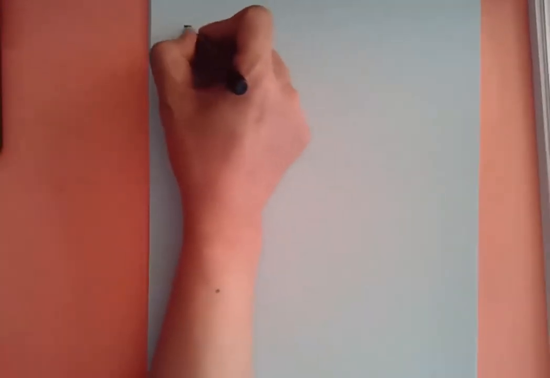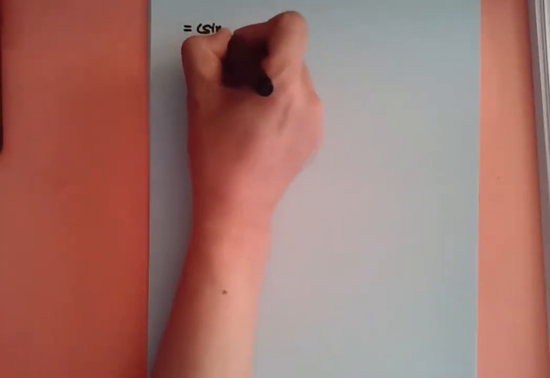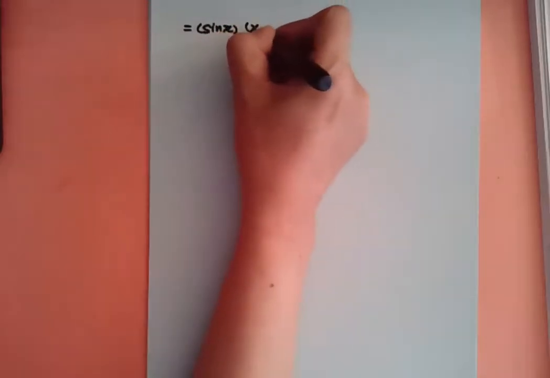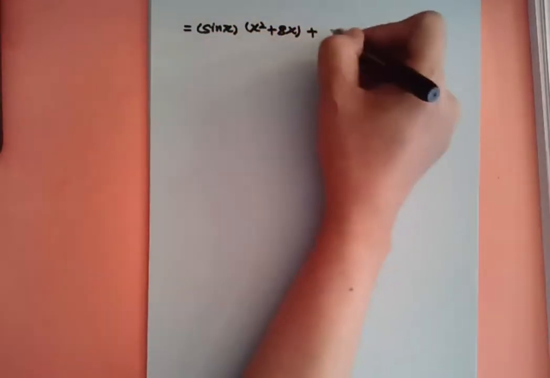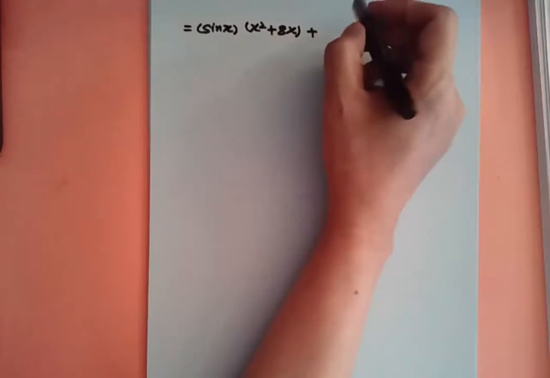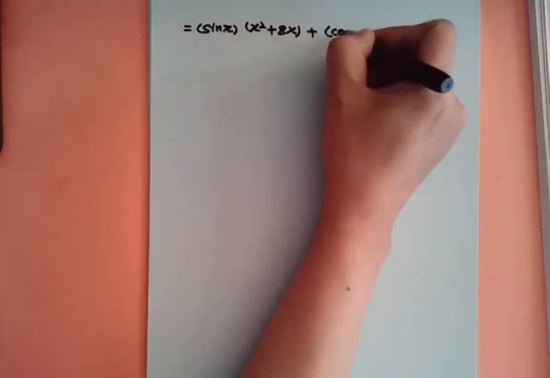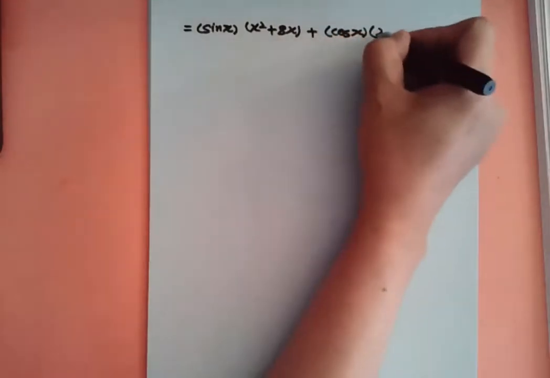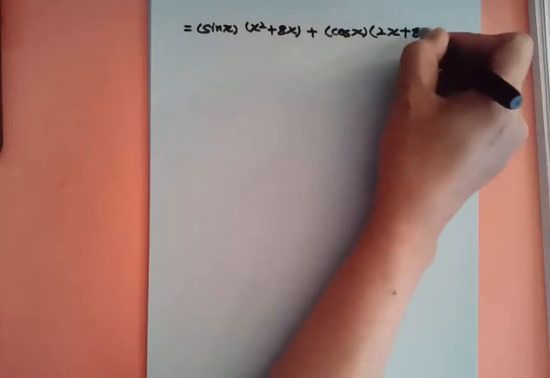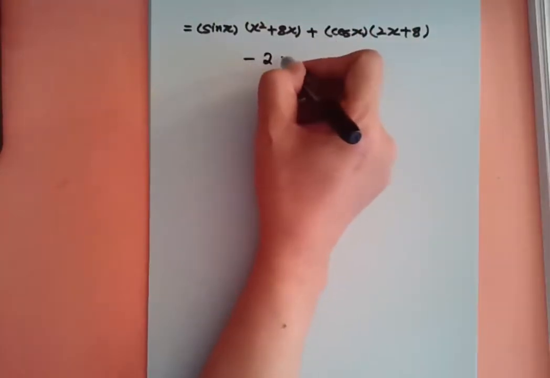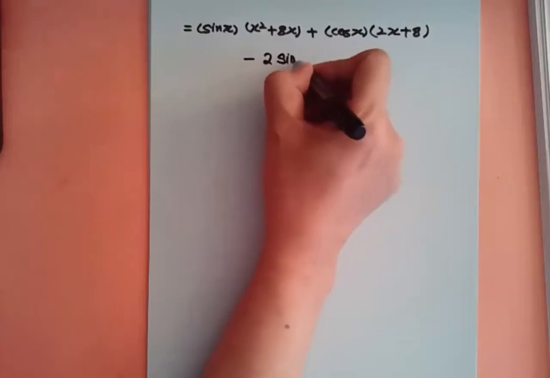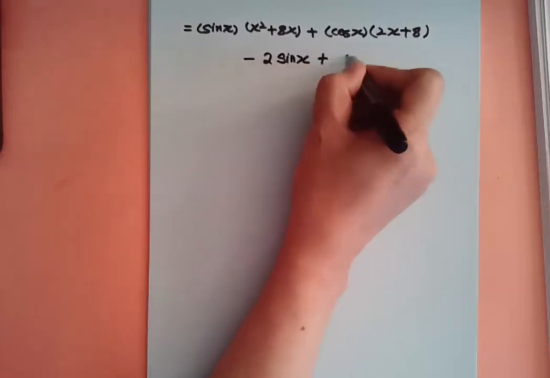So that becomes sine of x times x squared plus 8x plus cosine of x times 2x plus 8 minus 2 times sine of x plus c.